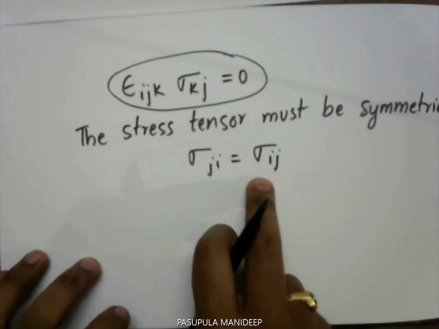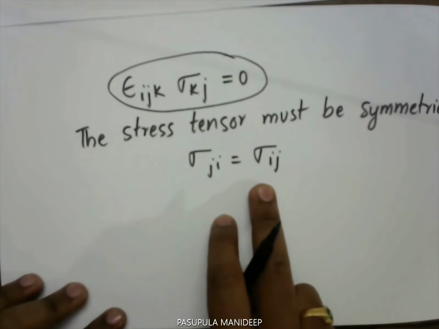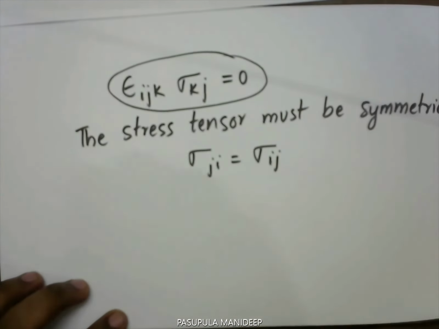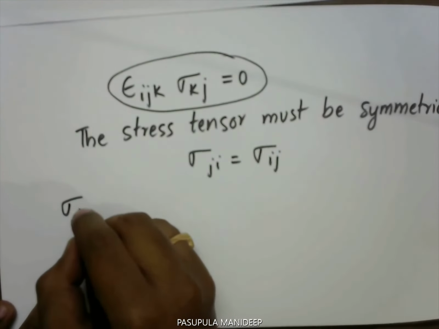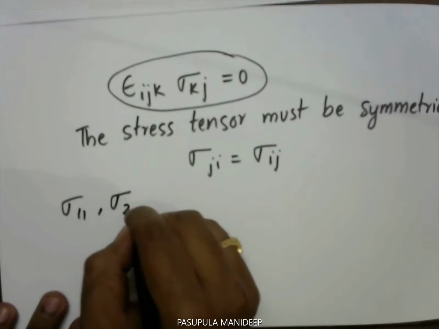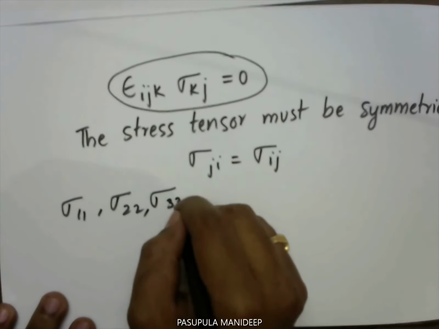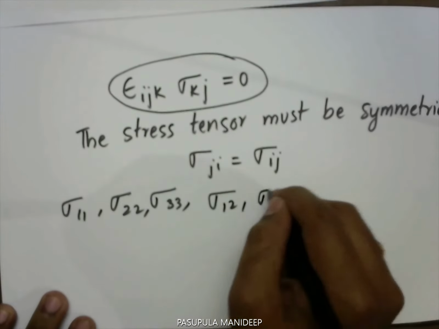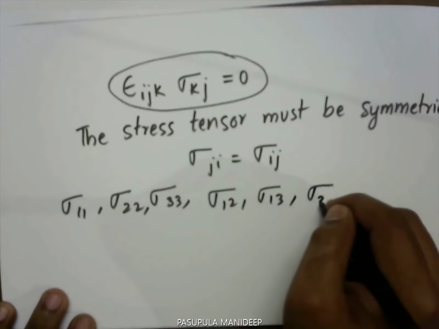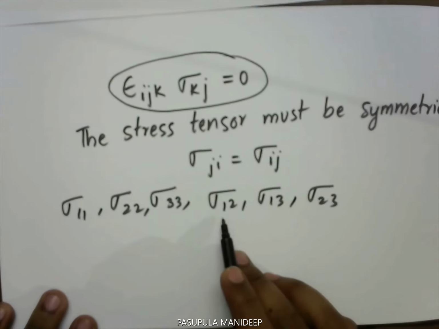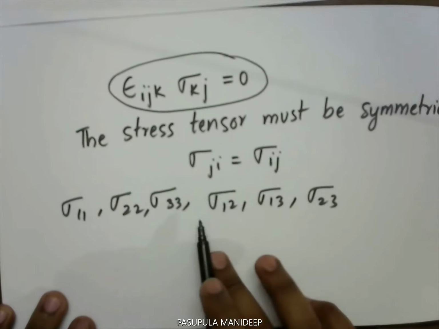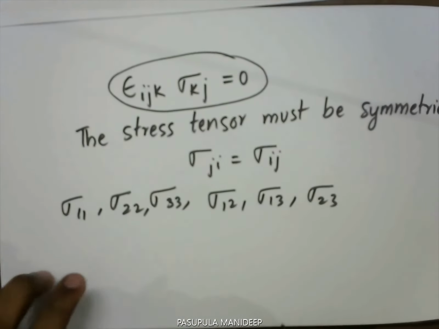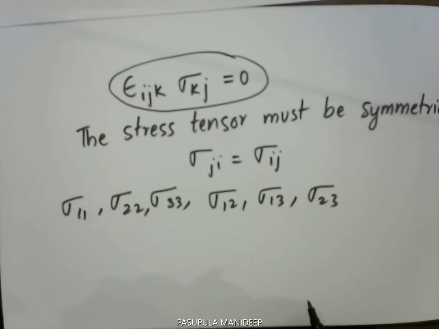By this relation, it immediately follows that the stress tensor has only 6 independent components, like 3 have vanished because of the symmetry. Sigma 21, sigma 31, and sigma 32 are identically equal to these 3 terms respectively because of the symmetry. So the stress tensor has only 6 independent components.